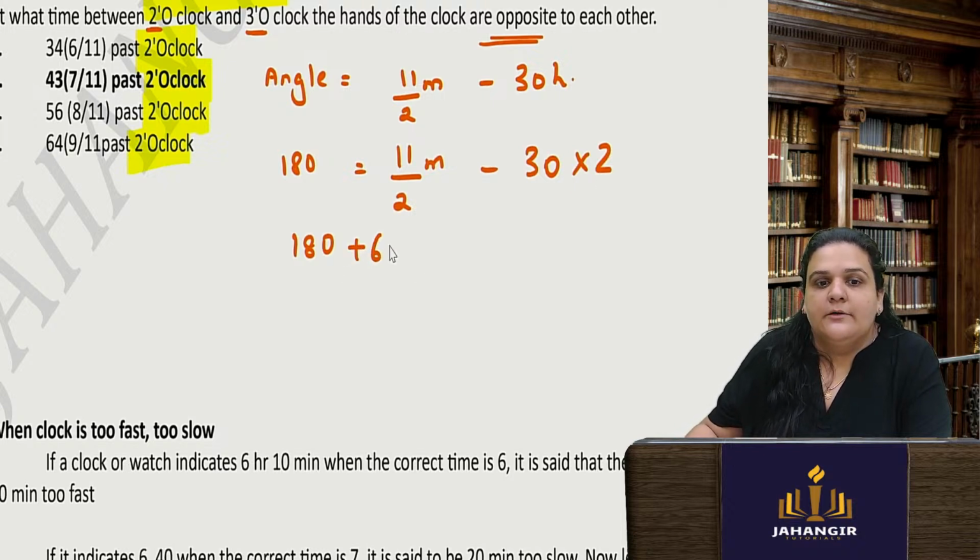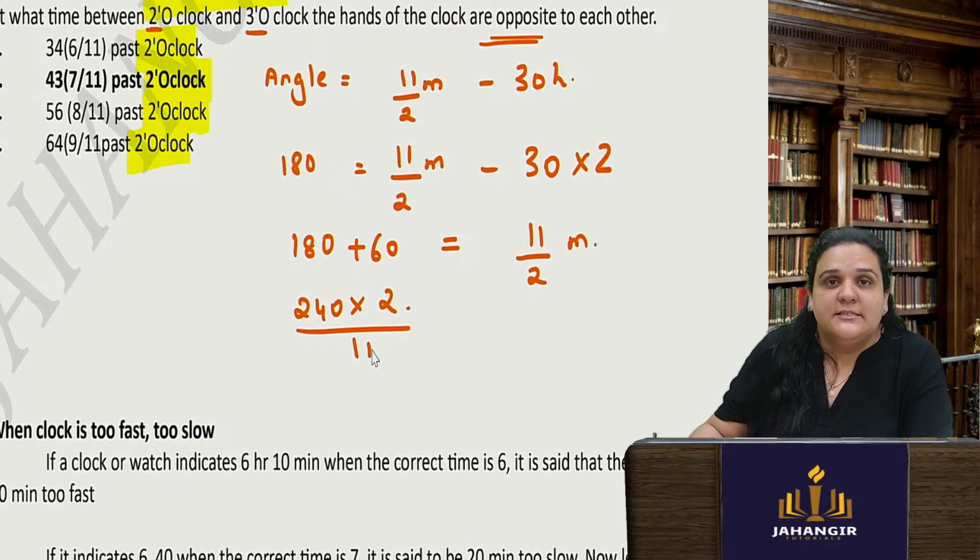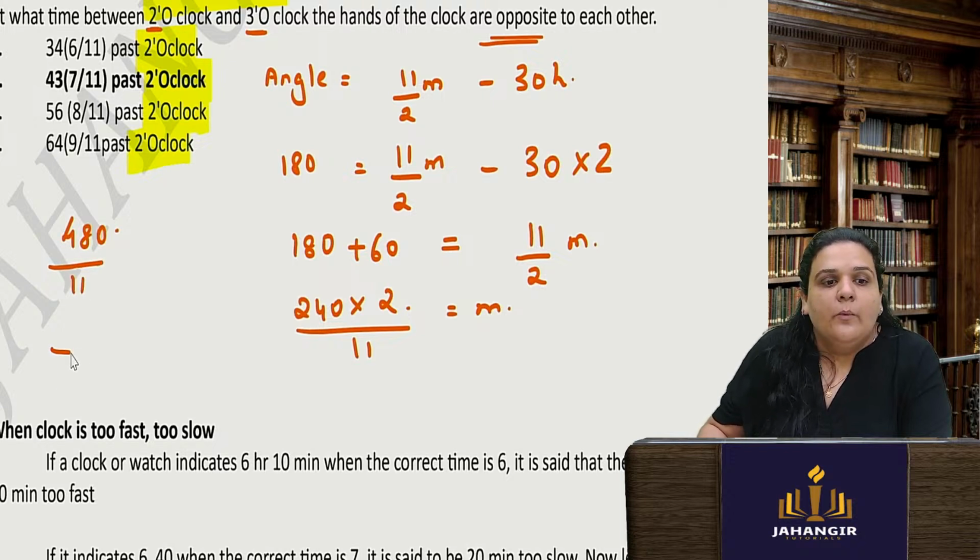Taking this 60 over here, 180 plus 60 is 240. 240 into 2 upon 11 when you change the sides: 2 goes into multiplication, 11 I divide, and it becomes m. So basically m is 480 upon 11. When you do this, 11 4s are 44.